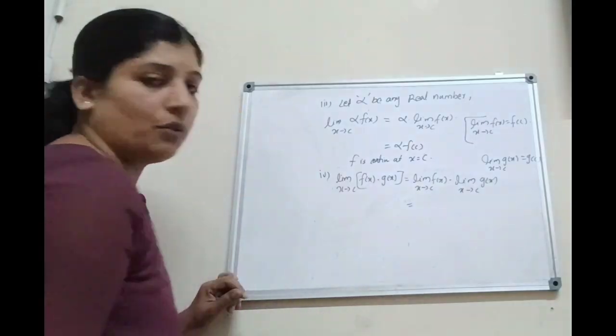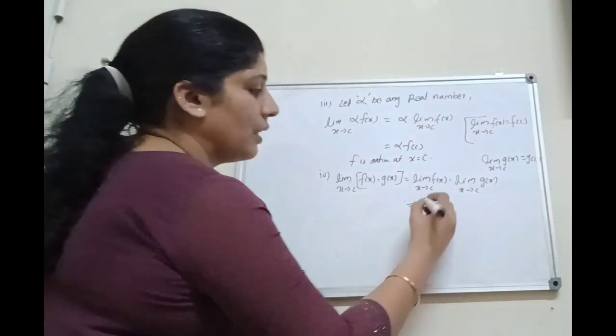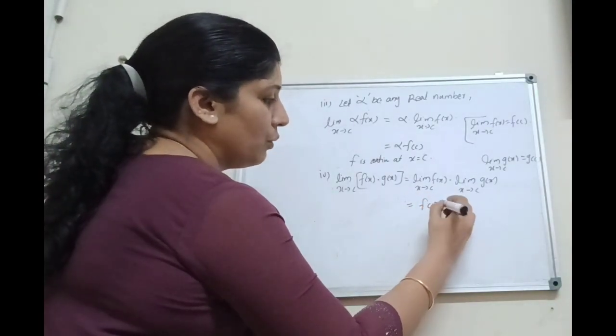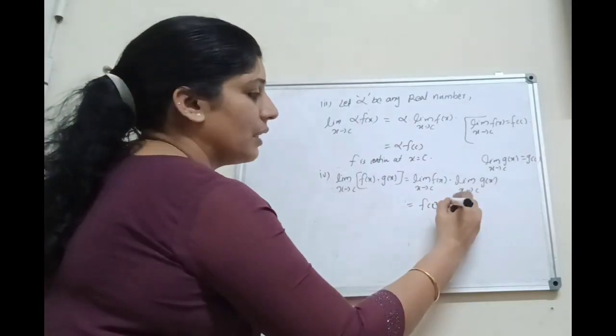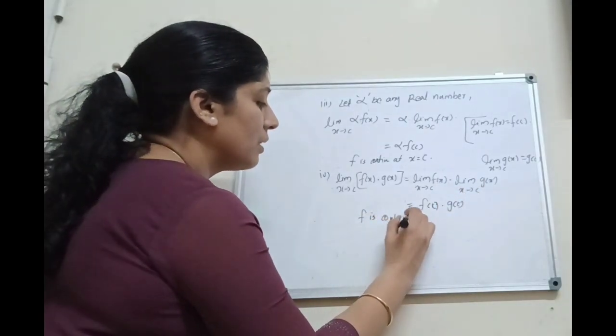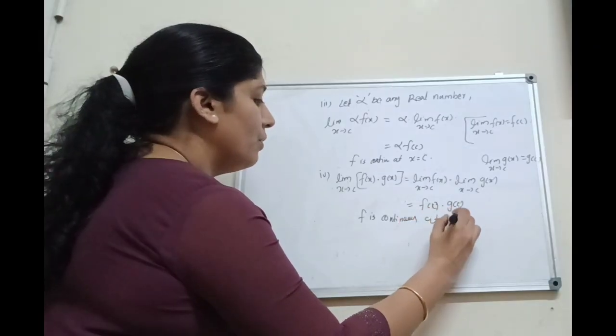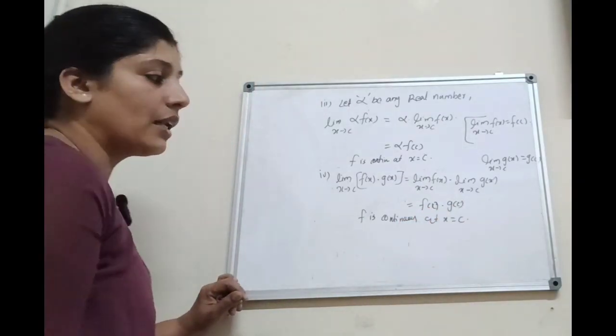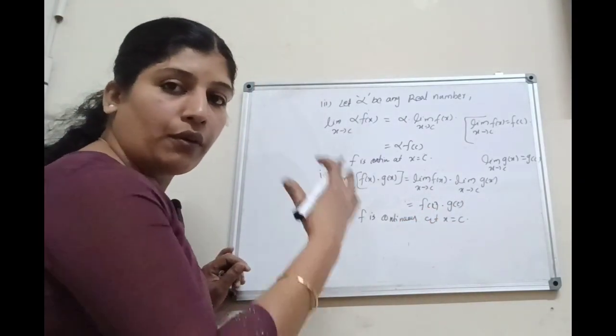That is equal to f of c into limit x tends to c g of x, that is equal to g of c. Here f is continuous at x equal to c.